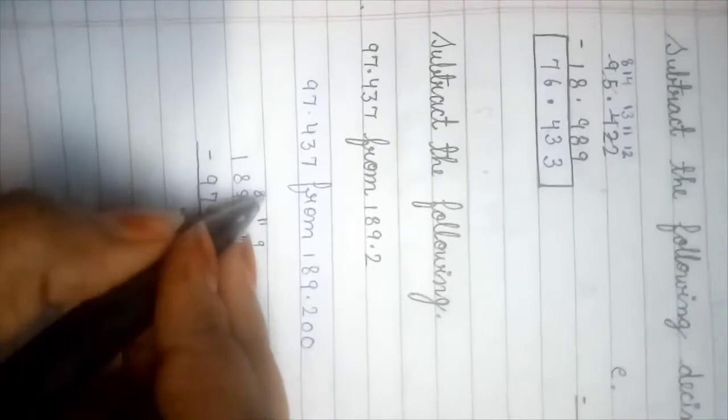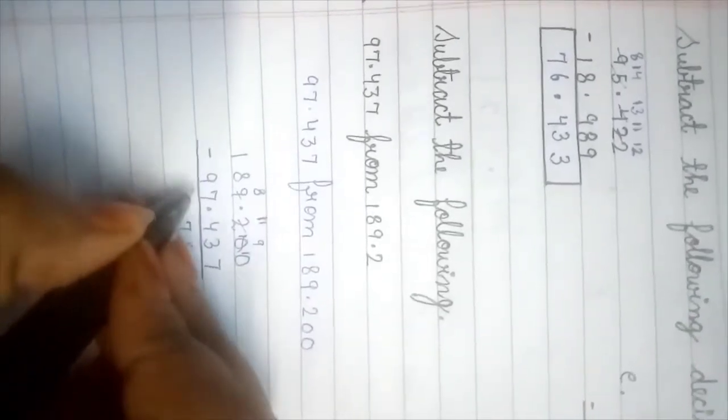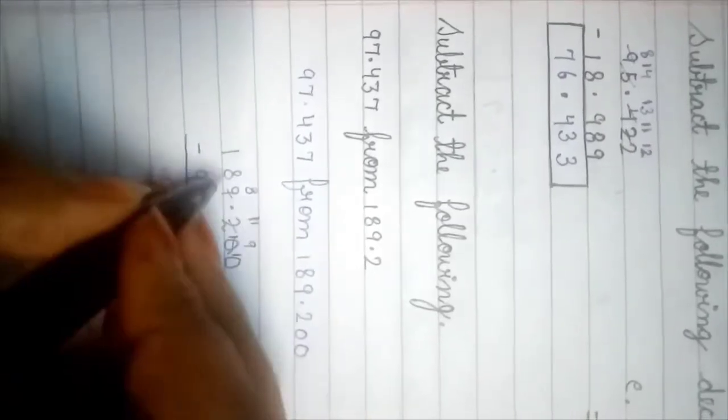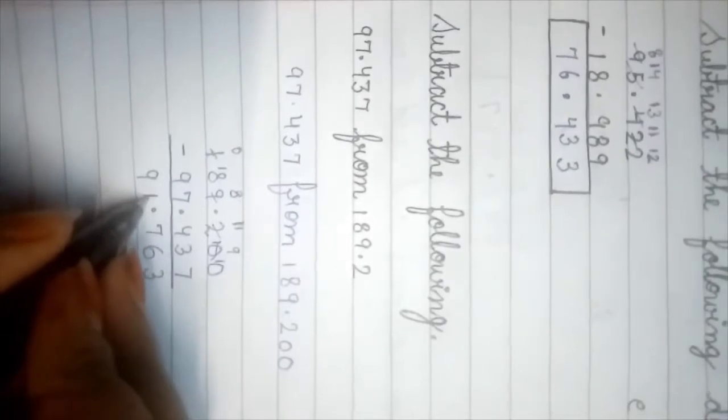Then decimal point, 8 minus 7 is 1. Then 9 cannot be subtracted from 8, so here we will take a borrow, 18. 18 minus 9 is 9. And there is 0, so our answer is 91.763. This is part D of it.